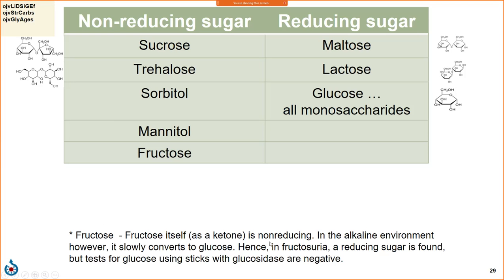And again, here's the note about fructose. Itself as a ketone is non-reducing, but in the alkaline environment, it slowly converts to glucose. So in fructosuria, a reducing sugar is found. And then you can have these glucose sticks with glucosidase that would test specifically and rule out fructosuria.